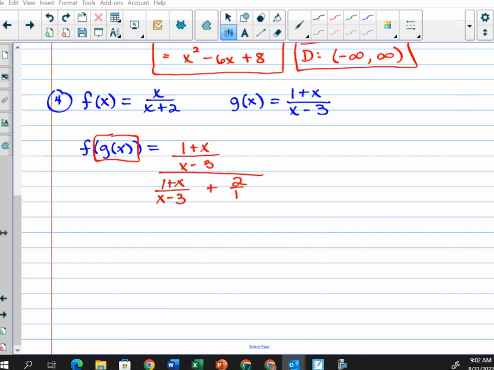You need to combine this. We have to simplify before I do it.